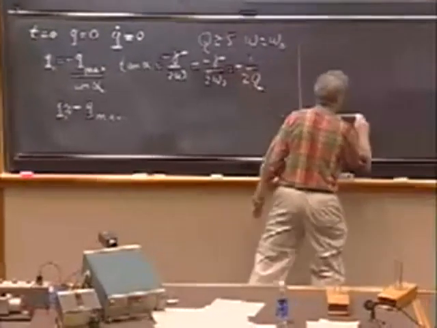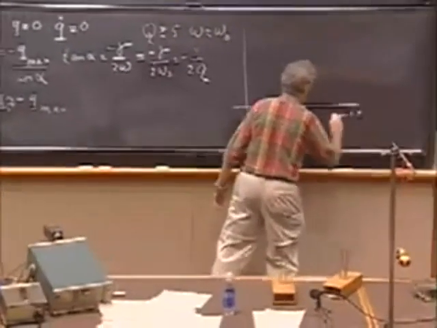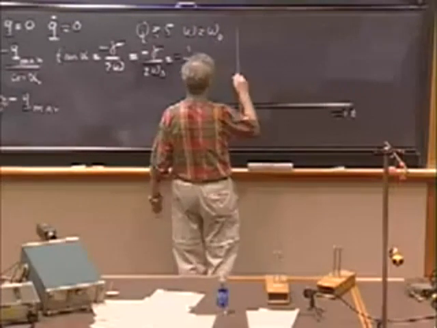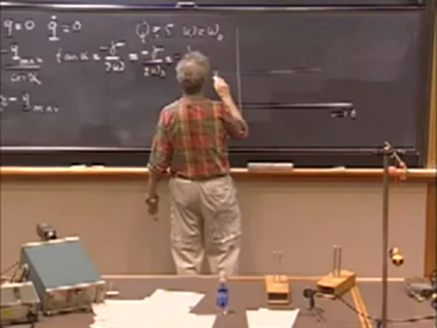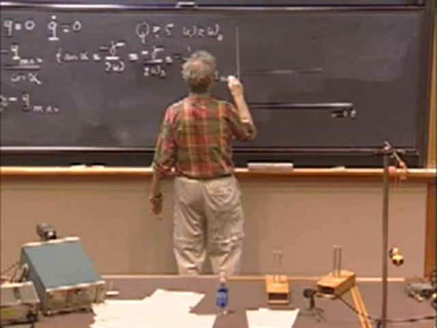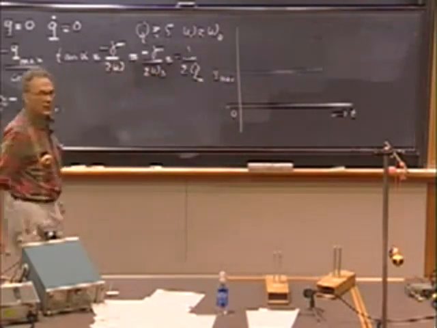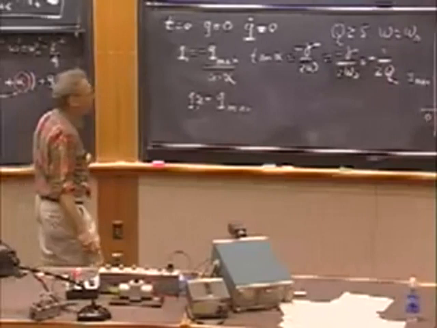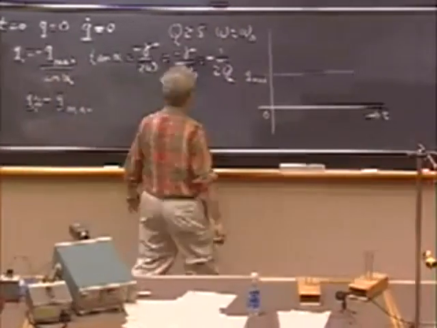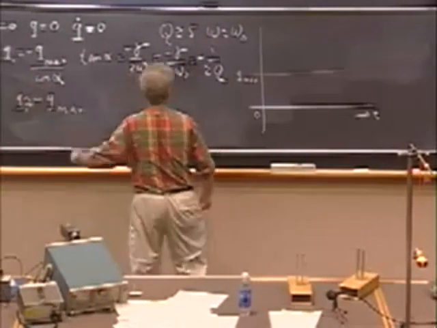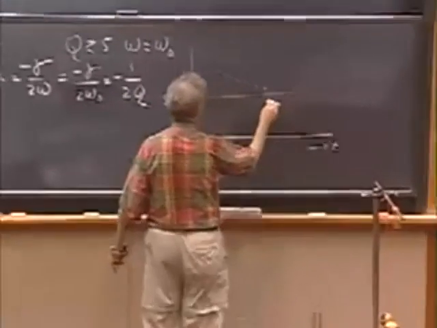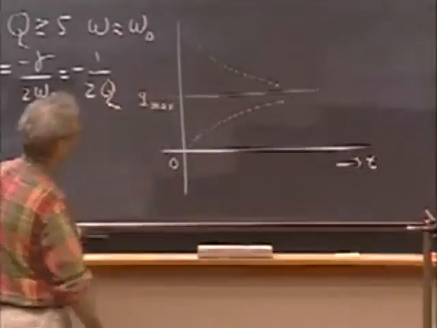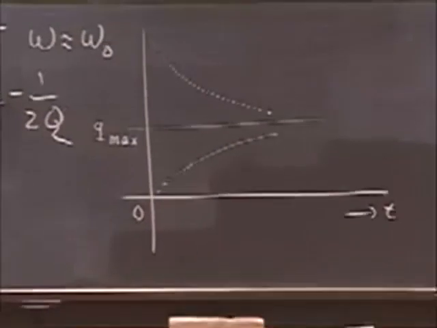So, if this is t, if this is 0, and if this is Qmax, which is where ultimately the charge will be if you wait long enough, then to plot now this equation will give me a curve like this.